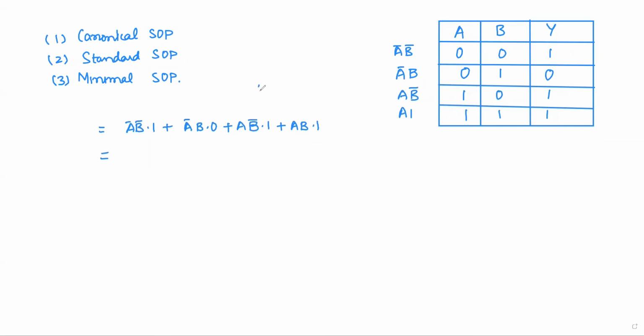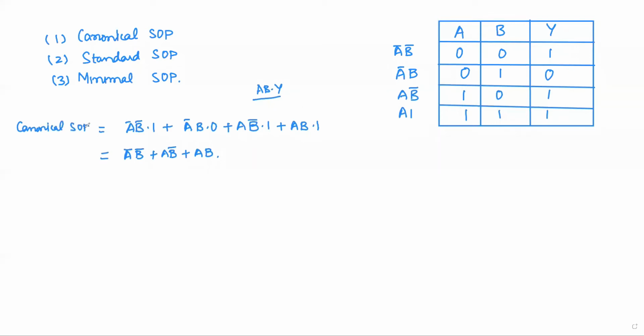This is nothing but AB into Y. So substituting the values, you end up with A bar B bar plus A B bar plus AB. Okay, so this is your canonical form. This is your canonical SOP.